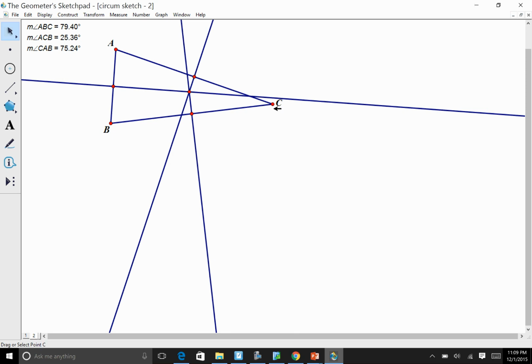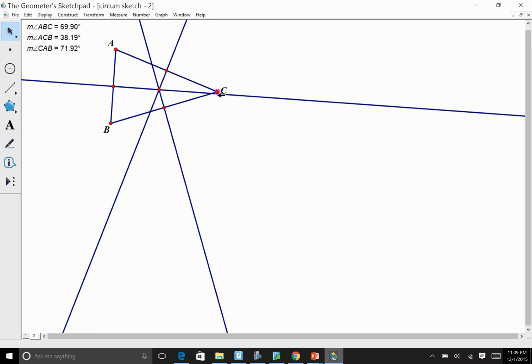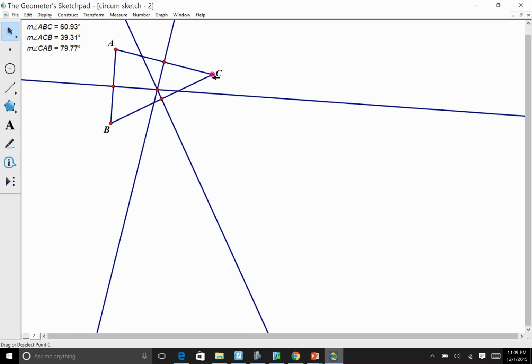Okay. So here's my acute triangle, still acute, and my circumcenter is on the inside. So for an acute triangle, and let's see if I can flip them and do some other things, you can see that my circumcenter is on the inside.